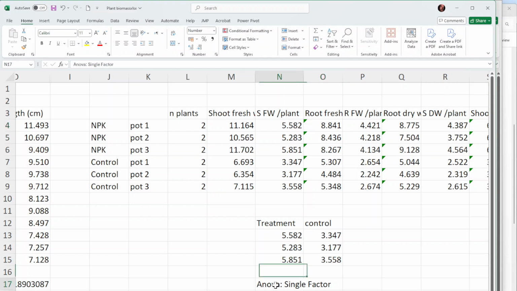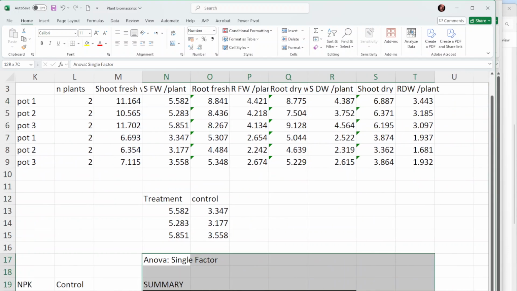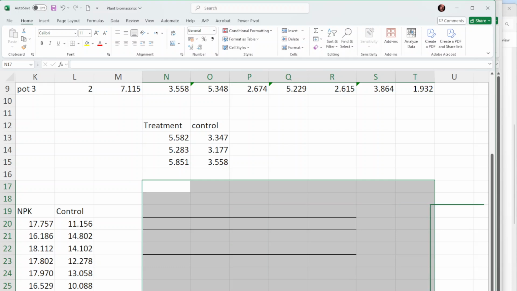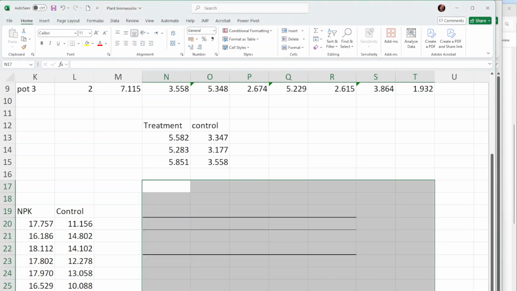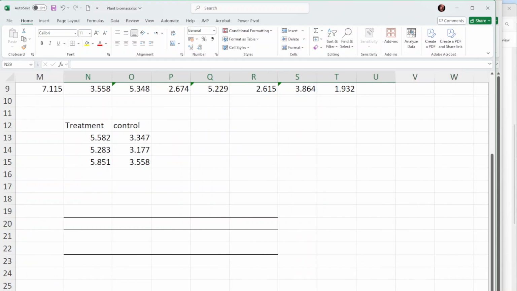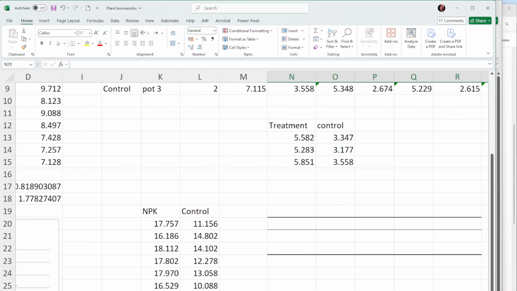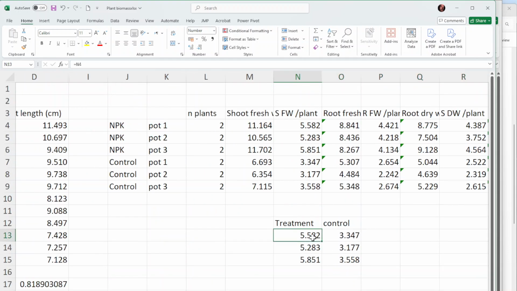And in the same way, if I delete this one here, you can go and do the ANOVA again, for each one of the things that you want to do. For example, in this case here, I copy the data from the shoot fresh weight from the treatments, and the shoot fresh weight from the control.